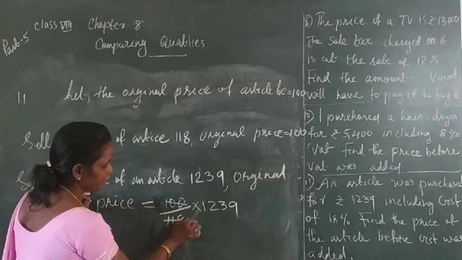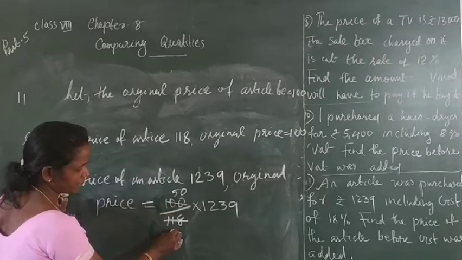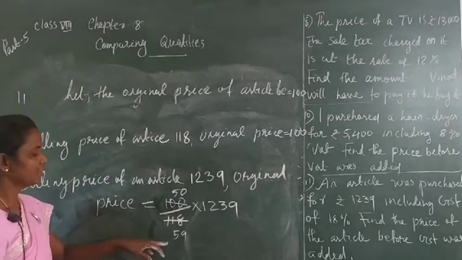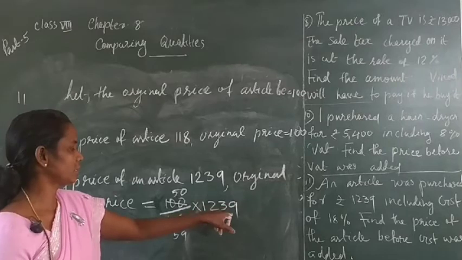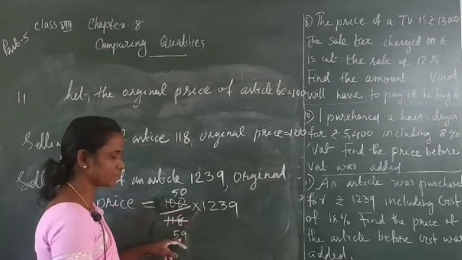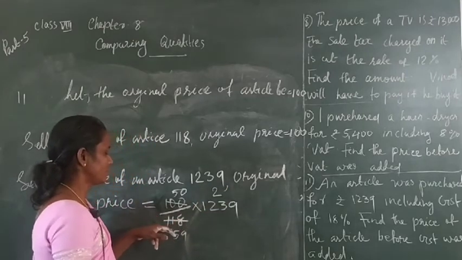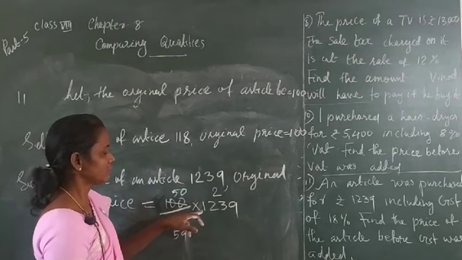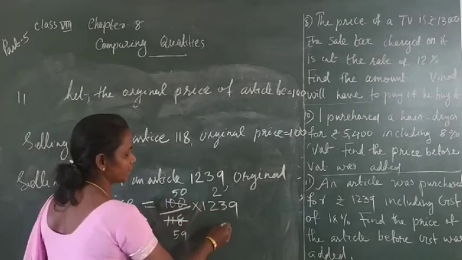This we can divide by 2, 59, and this how many times? Then look, in 1,239, in 123 how many times 59? 2 times. Means 2 into 59 means 118. This 118 minus from 123, we get remainder 5.